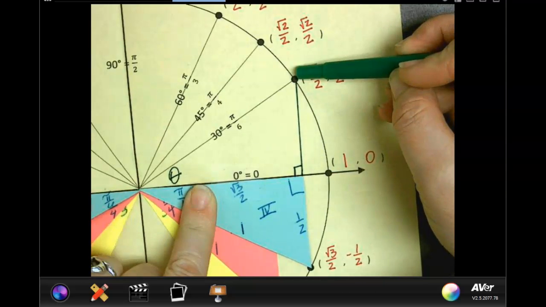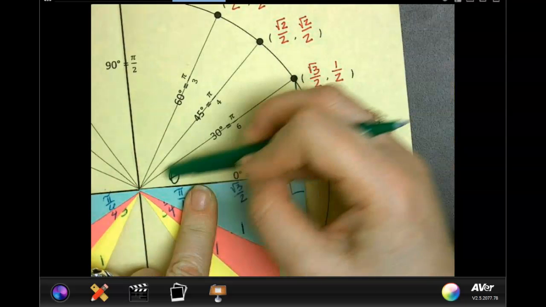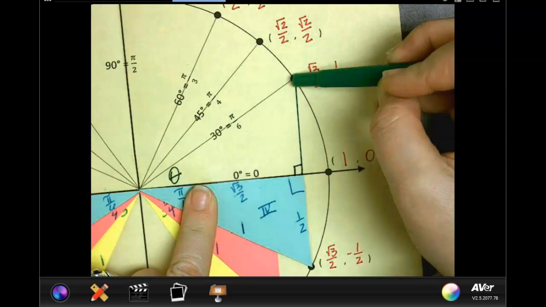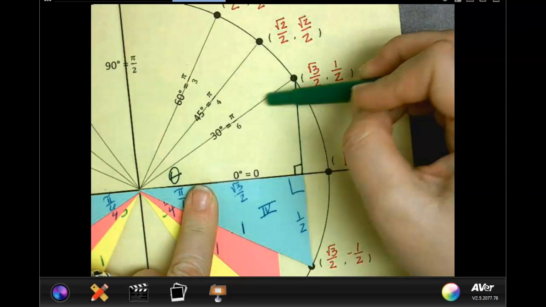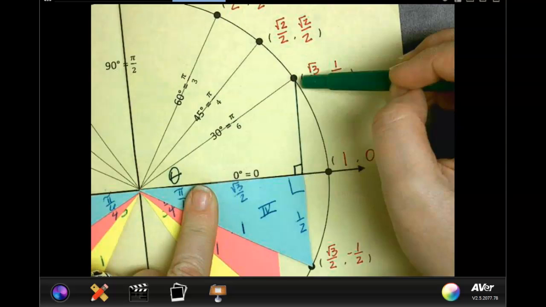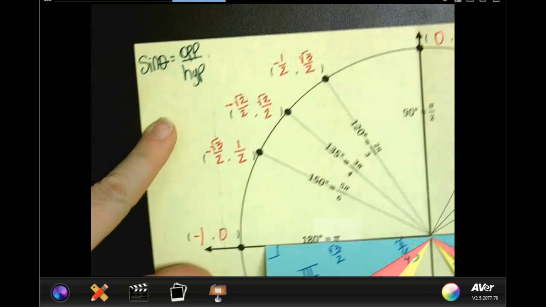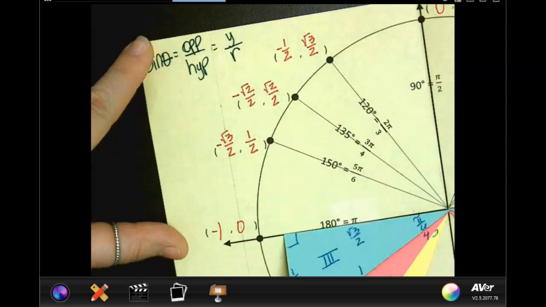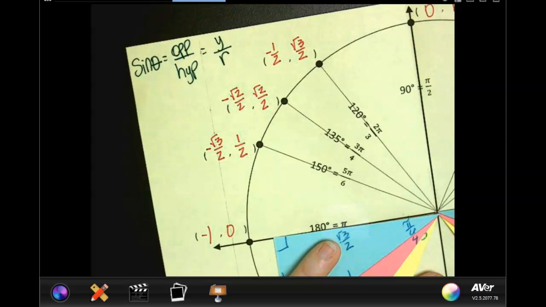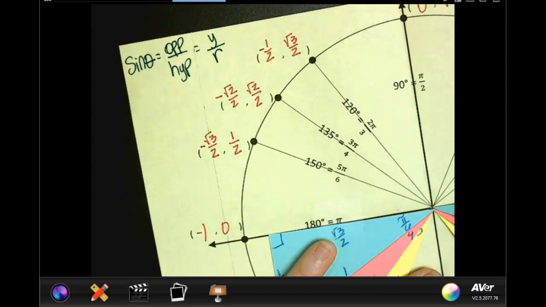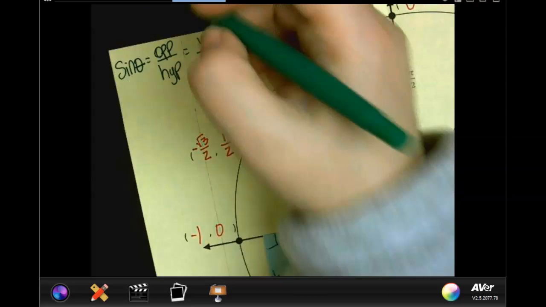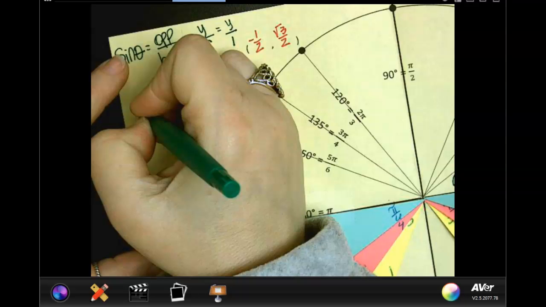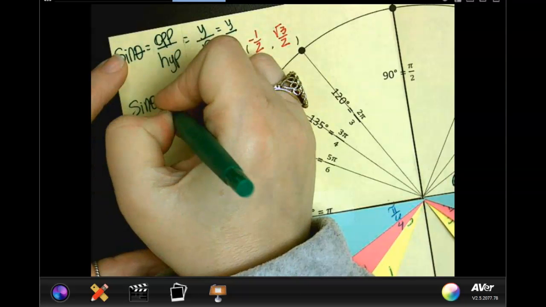Does that make sense? And the hypotenuse is what part of the circle? The radius. This is the y value, this is the radius. So sine is opposite over hypotenuse. It is also y over the radius. Now, because we have the unit circle here, in this specific circle, what is the radius? 1. So this is equal to y over 1, which means that sine theta equals y.